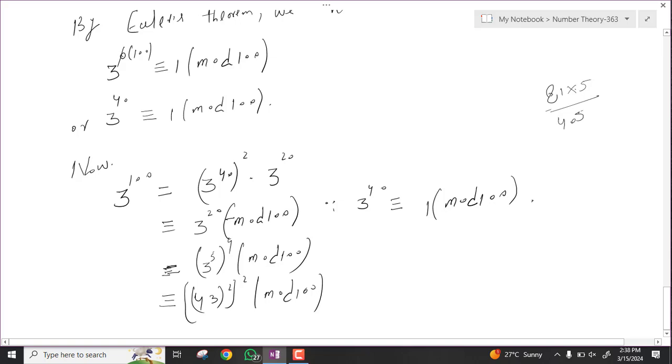So under modulo 100 this is equal to 43.